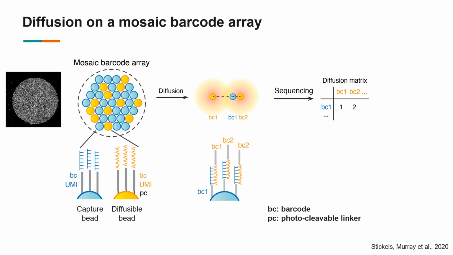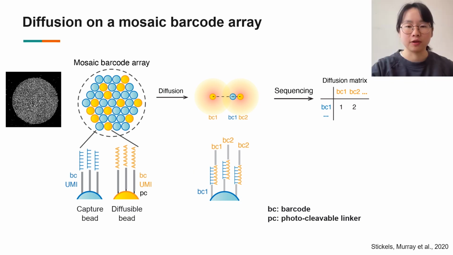And here we use diffusion as a local spatial variable to infer the physical locations. On the same structure of the original slide-seq or slide tags bead array, we mix it with diffusible beads. These diffusible beads have a photocleavable linker that allows them to be released and start to diffuse upon UV exposure.